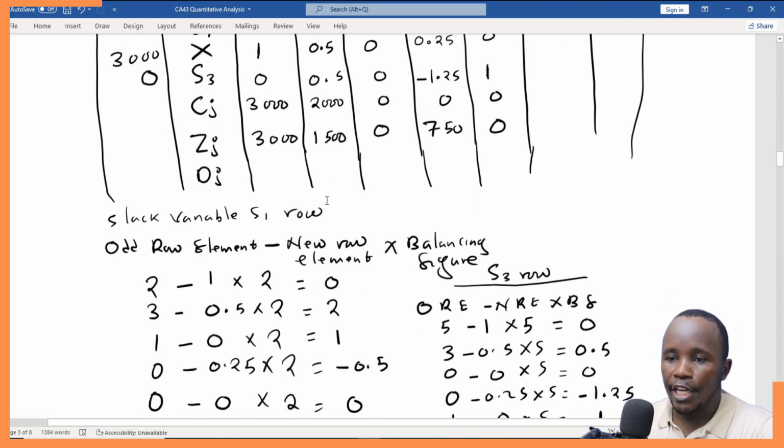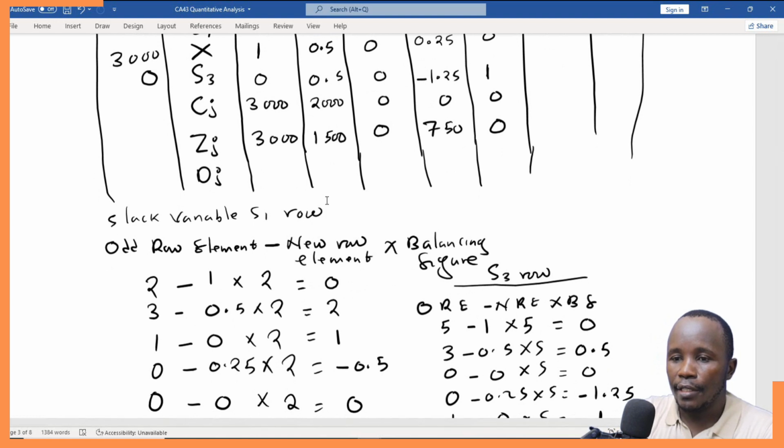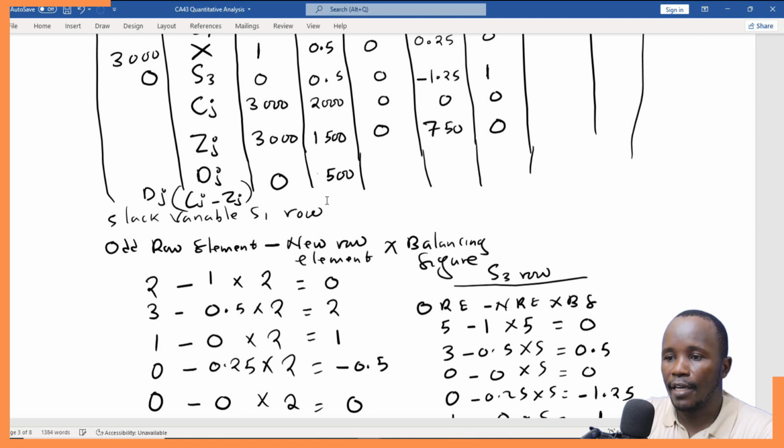Now, Dj, we say that if you want to get Dj, this one will be Cj minus Zj. So when I subtract this, I get 0. When you subtract this one, you get 500. This one you get is 0, negative 750. And this one will be 0. This one will be 0.